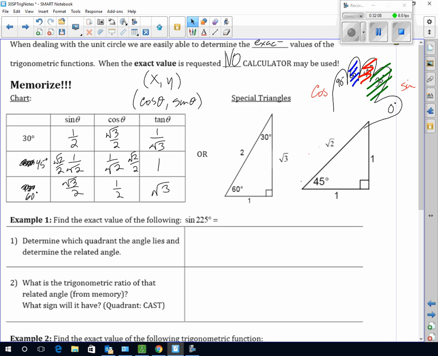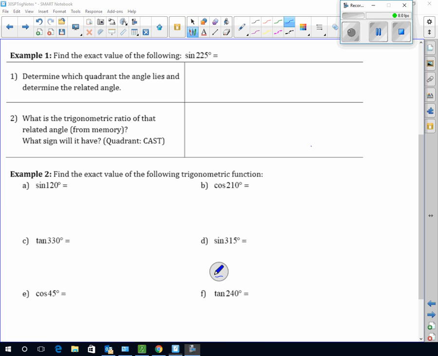Okay, so in order to find the exact value, the first thing you need to know is, honestly, most kids use the hand trick once they get how to use it. So sine of 225, you have to know what family it's in. So does anybody know what related angle 225 would be? 45. So we know 45 is the reference angle, and make sure you have a degree symbol.